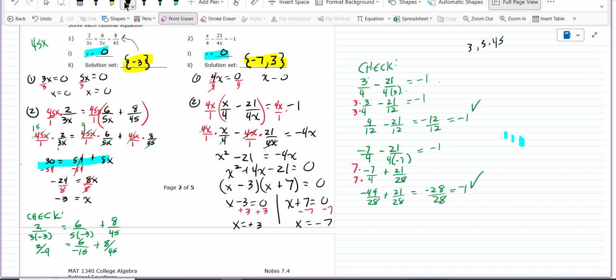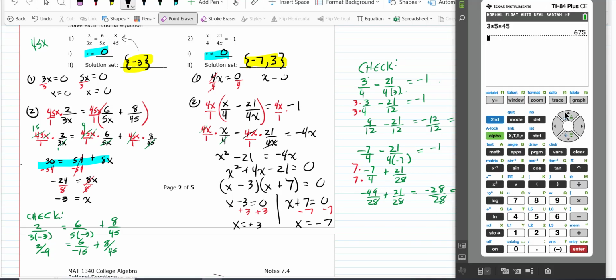So if you work out the details, you can see how the arithmetic goes. And if you want to, you could do this on your calculator. You could go 2 divided by -9. It's going to give you that. Now the right side, you could go 6 divided by -16 plus 8 divided by 45, and you'll get the same thing.